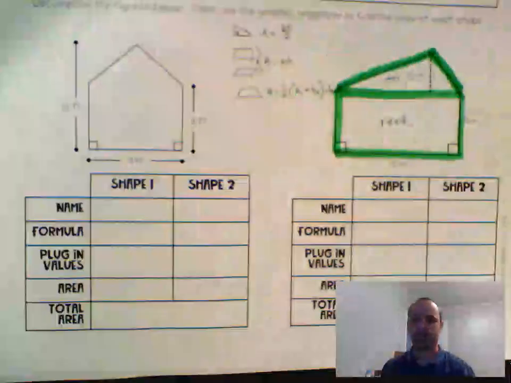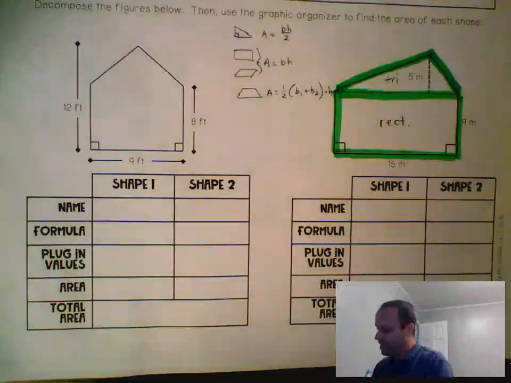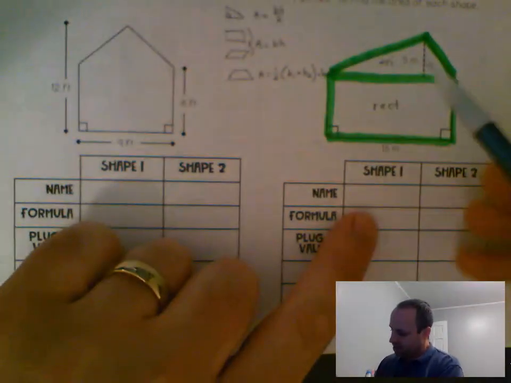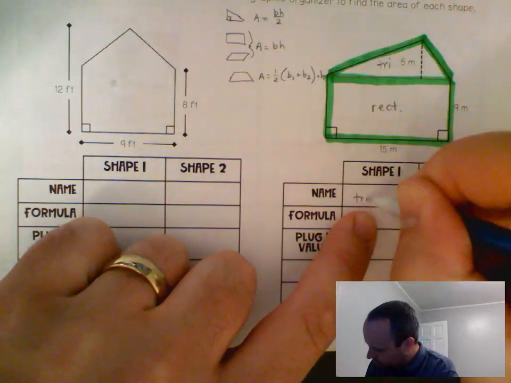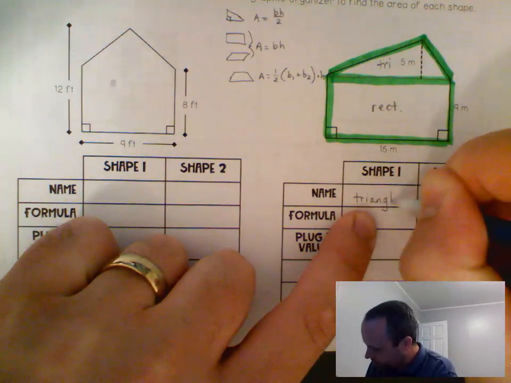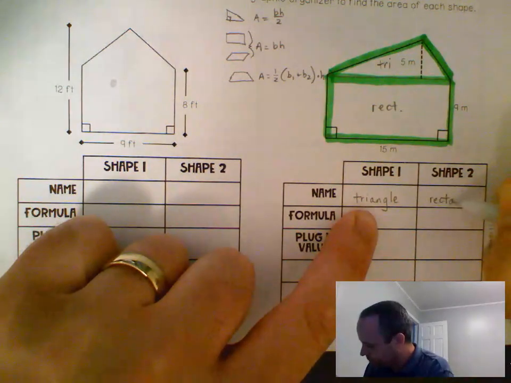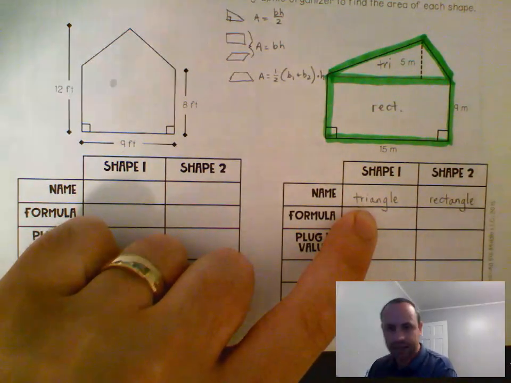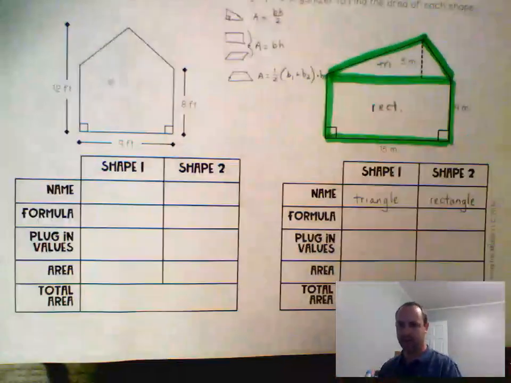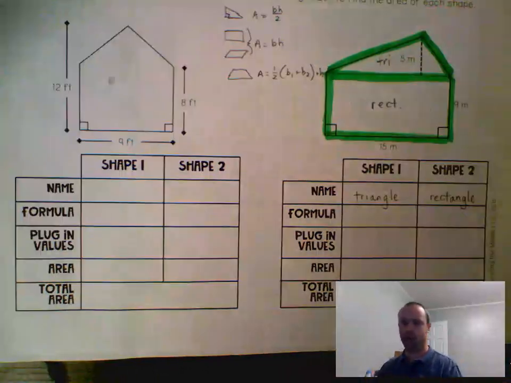Two shapes make one. Since it's on the top, let's call the triangle shape 1, and shape 2 would be your rectangle. You don't have to make this whole chart if you don't have the printout. You can just write these words and do your work underneath them.